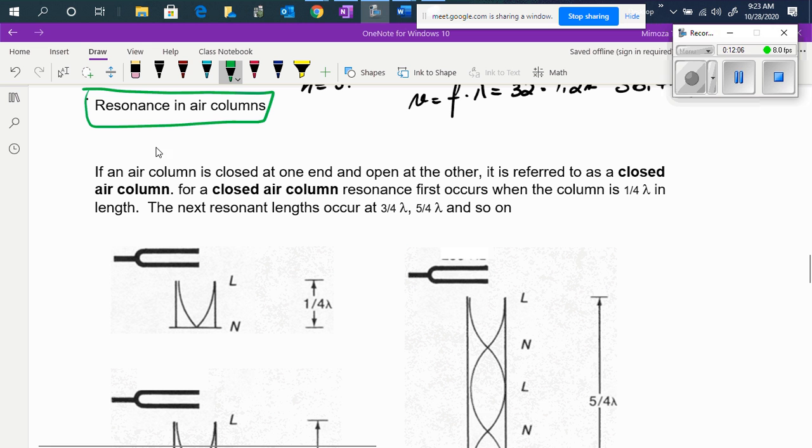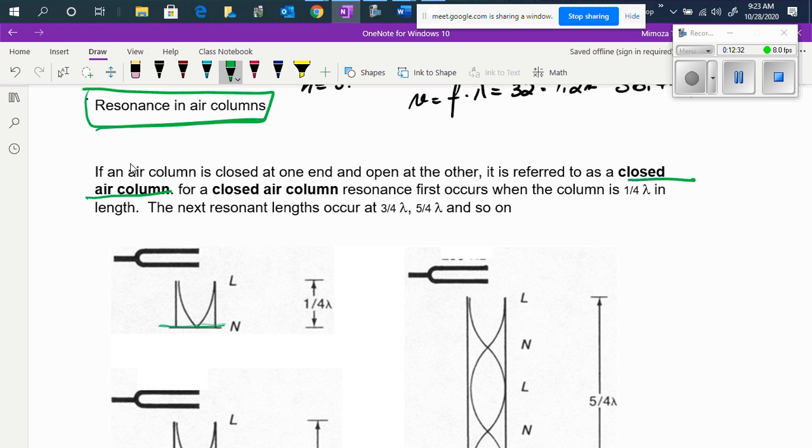So now let's see the resonance in air columns. If we have an air column, first of all, it's called a closed air column, because you see here one side is closed and the other one is open.